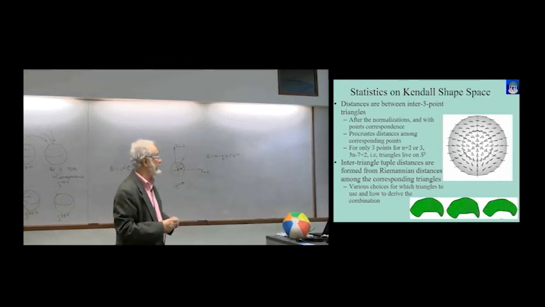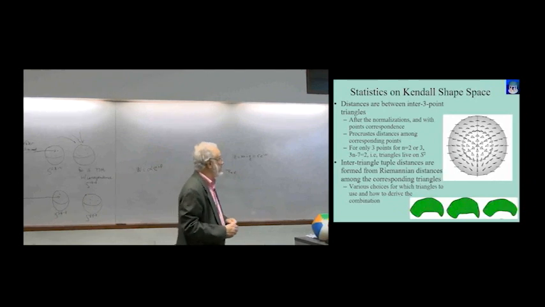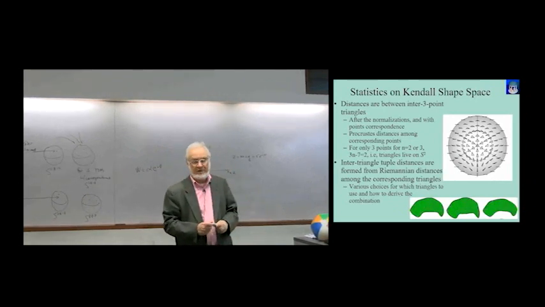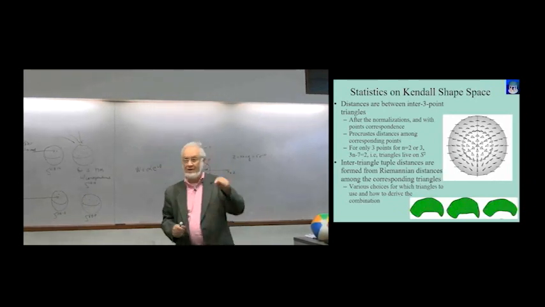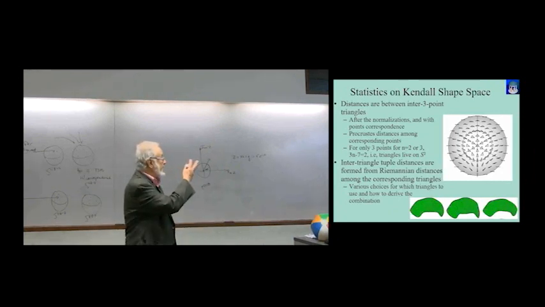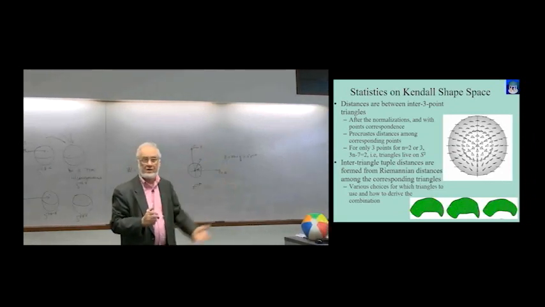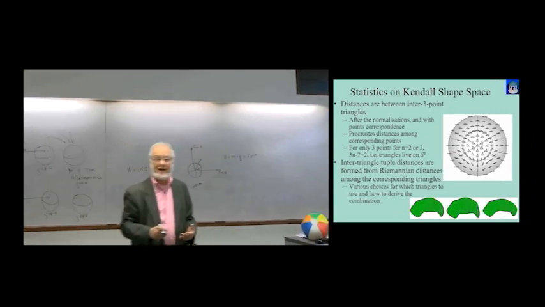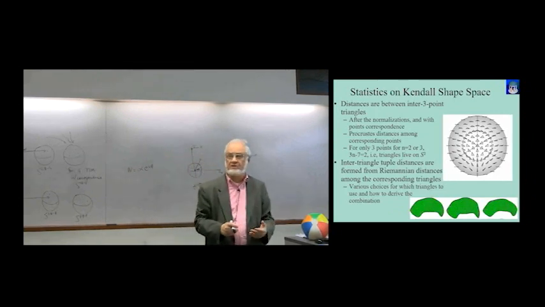They're rotated and scaled. They all have the same sum of squared distances to their center point. And so you have a space of triangles that live on a sphere, and you can now talk about the distance between two triangles.